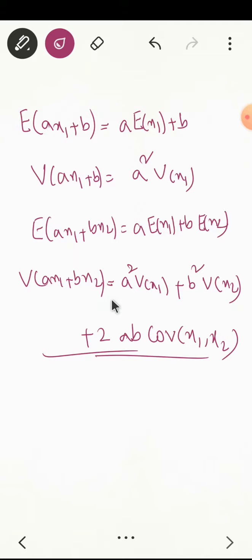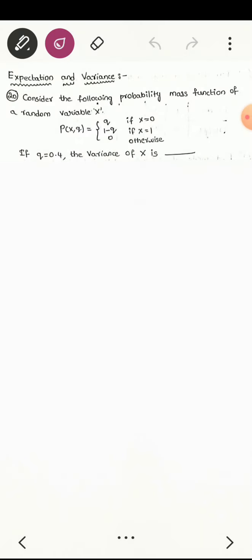Let us solve some problems in order to get an idea. What is problem number 20? Consider the following probability mass function, where the random variable is x. They are asking, if q is equal to 0.4, what is the variance of x? First write x and p of x.